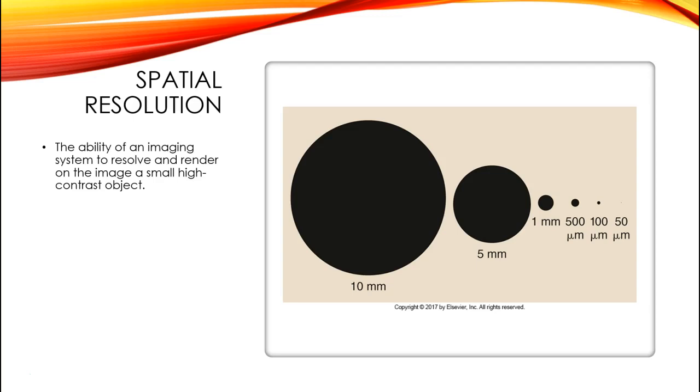That is resolution. Okay, and we want to bring up the concept here that the larger the object is, the easier it is to be reproduced on an image, very close to exact size, and the smaller an object is, the more difficult it becomes to reproduce that object exactly.